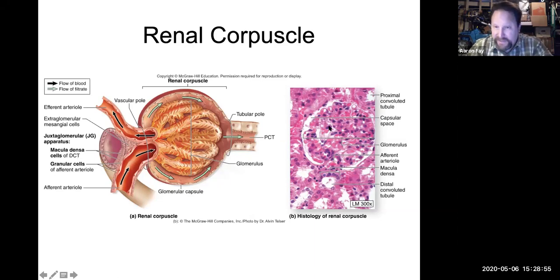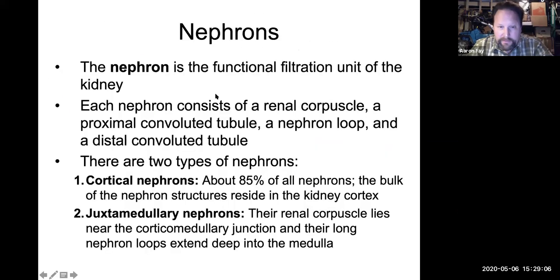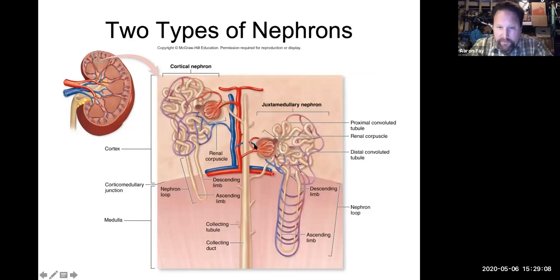If you see an image like this, you know this must be renal cortex, because the renal cortex is the only place you find renal corpuscles. The renal corpuscle is only found up here in the renal cortex. Down in the medulla, no glomerulus, no renal corpuscles, just nephron loops.